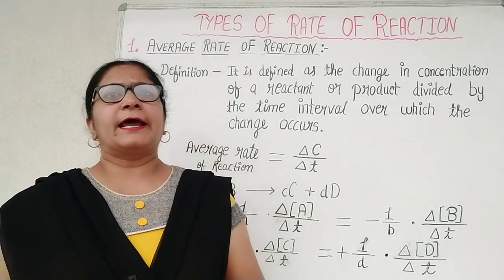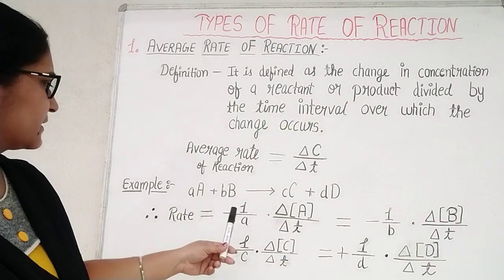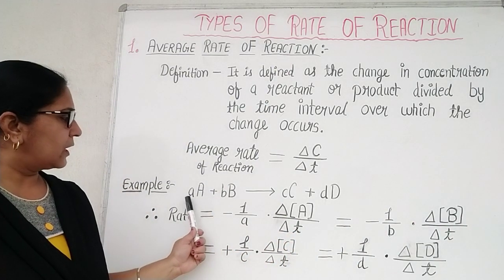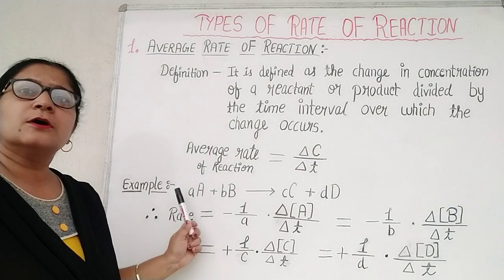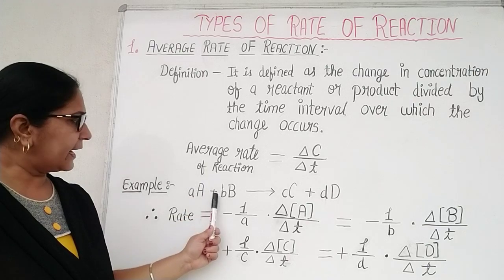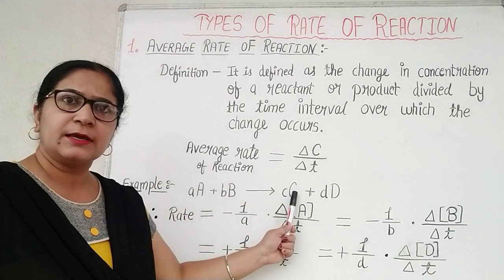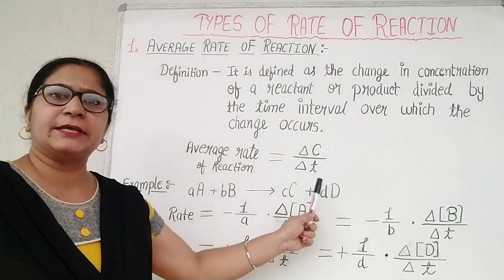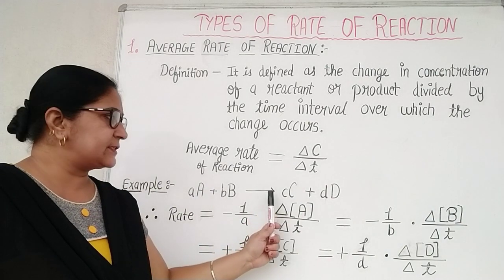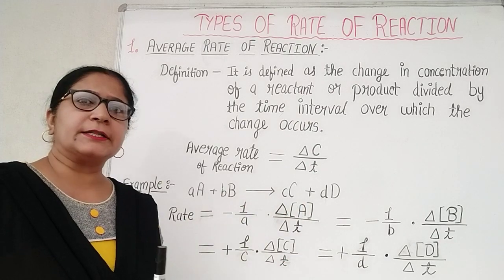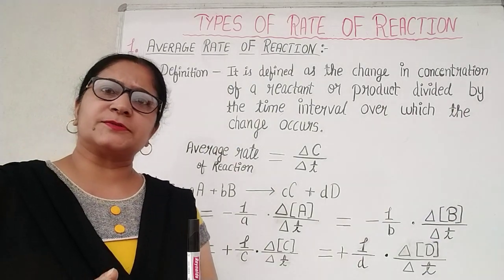Based on that, I have written an example on a general reaction in which a moles of capital A react with b moles of capital B to give c moles of capital C and d moles of capital D. Here, small a, small b, small c and small d are nothing but the stoichiometric values, or the number of moles of the reactants and products respectively.